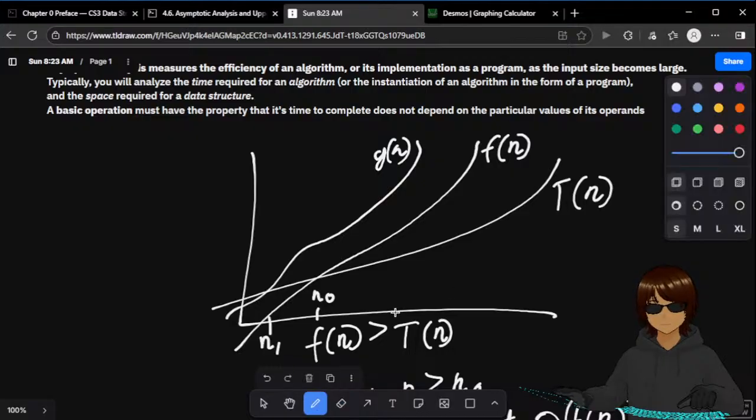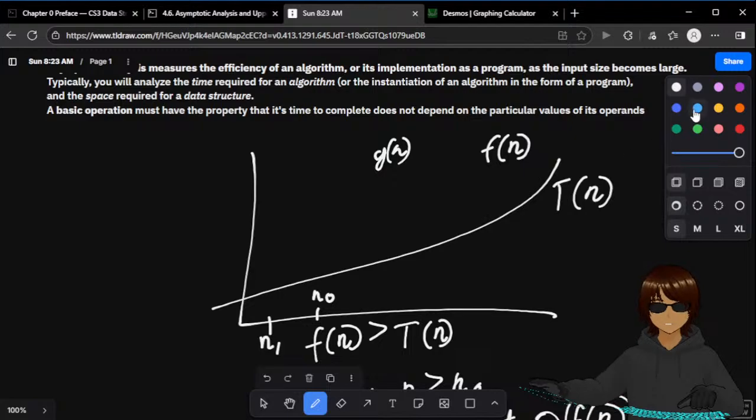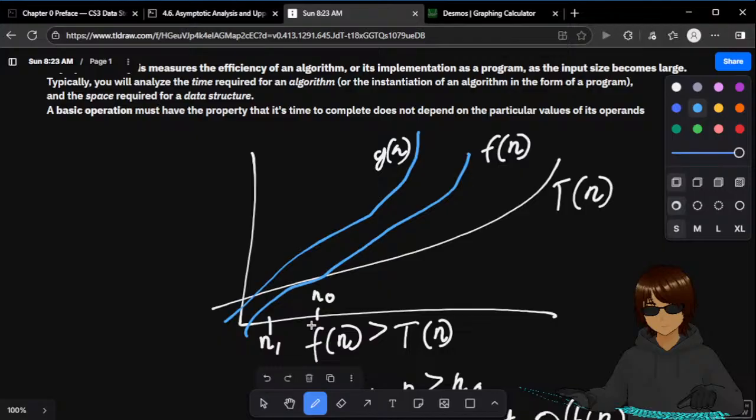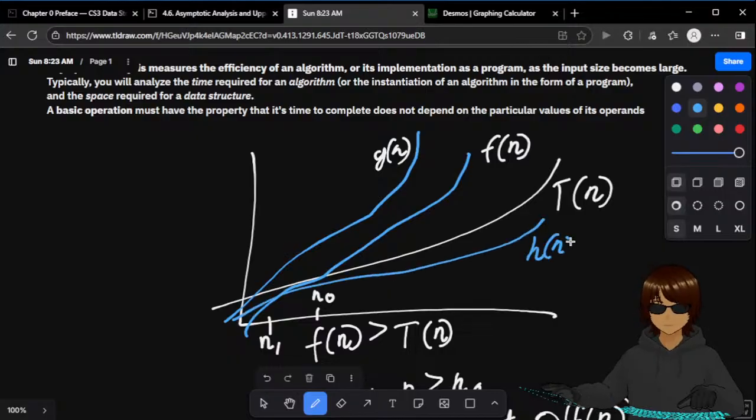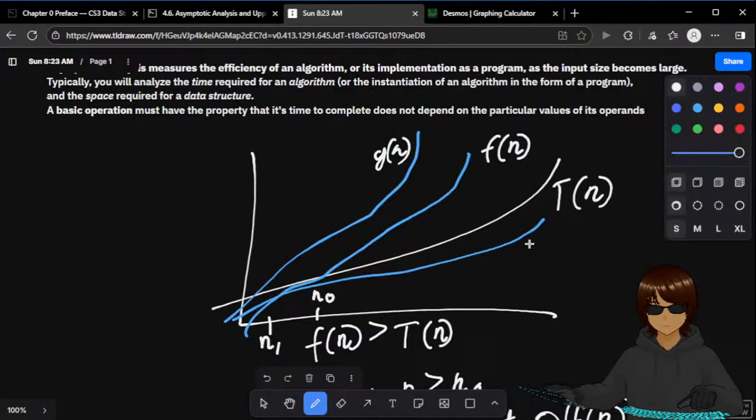If we have, let's erase these two lines and draw the comparison line like this, and let's do something like h of n. But then c times h of n would bring this up above, right?